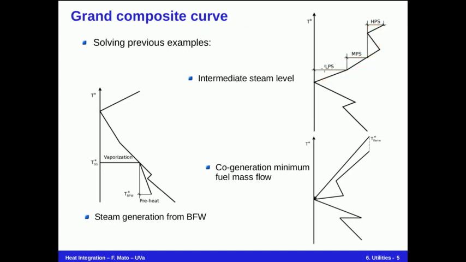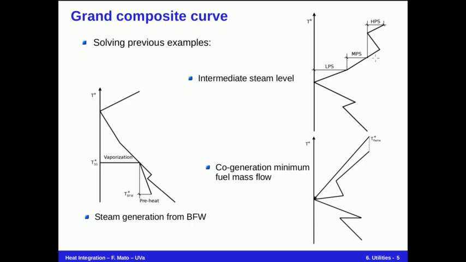Here you can see how can be readily found the maximum amount of steam at this level or the minimum amount of steam needed at this level, or the maximum slope of these flue gases that gives us the minimum natural gas consumption of this turbine or engine, or the maximum amount of water that we can preheat and vaporize to produce steam at the concrete level.